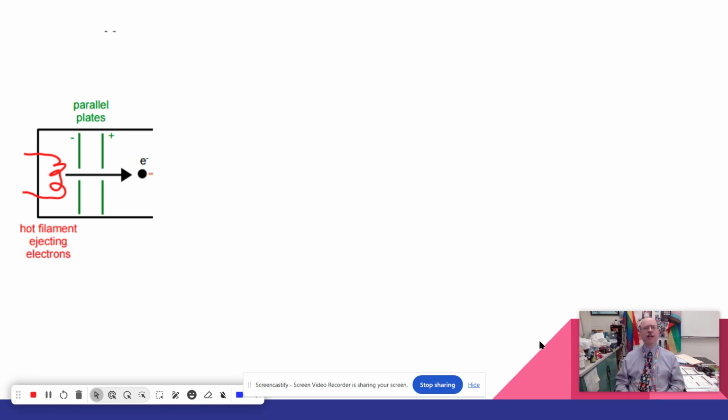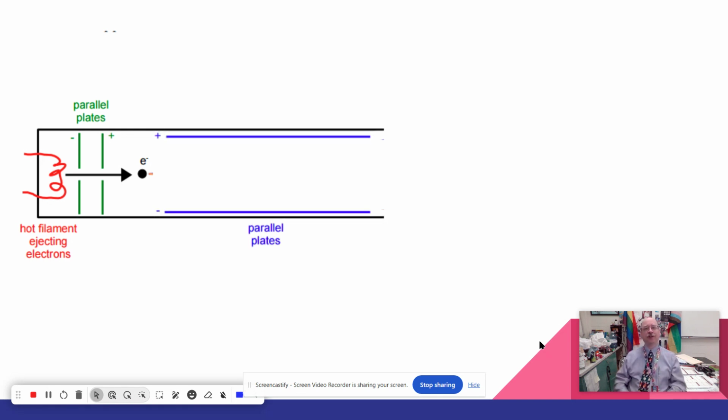So just randomly, some electrons go through those parallel plates, and you notice we've set these up with the negative on the left and the positive on the right, so that negatively charged particles, the electrons, will speed up as they go through those plates. They come out the other side, and we know that they're going pretty wicked fast now, and that's when they enter parallel plates that are like this.